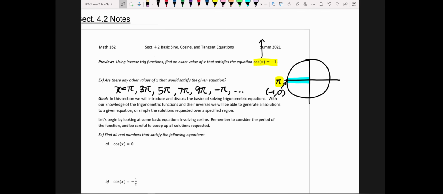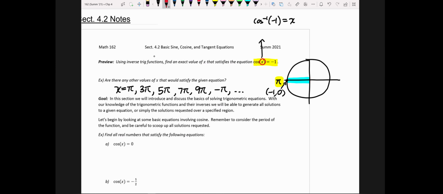I'll put that up here. We learned in 4.1 that when you take the inverse cosine, inputs and outputs switch. Inverse trig functions come in handy when you're solving for the variable inside. To get it out, you use the inverse trig function.